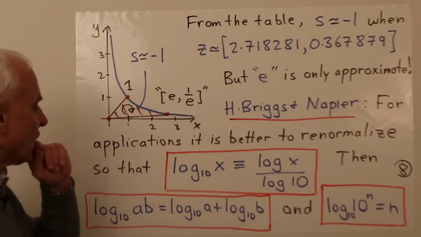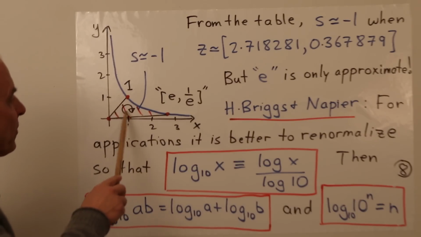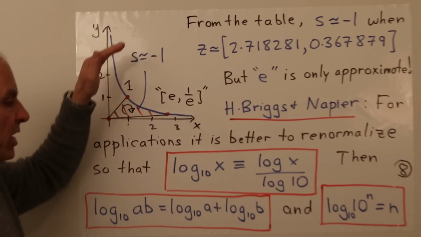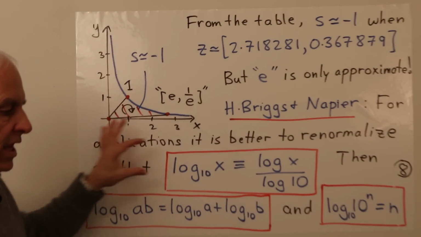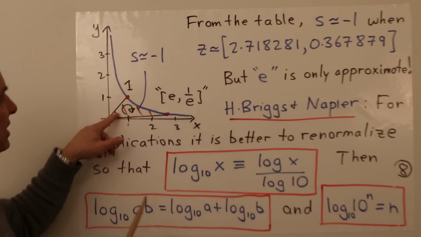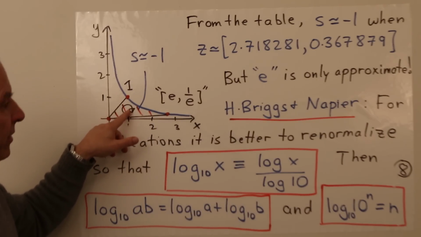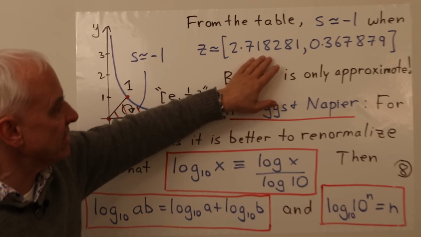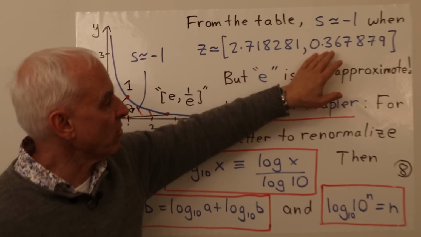It really has a lot to do with the particular value when s is equal to 1 or minus 1. So when I showed you the table originally, I gave you two values of when the signed area is approximately 1 or minus 1. Okay? We saw that it was roughly when x was something like 2.7 something and y was something like 0.367.